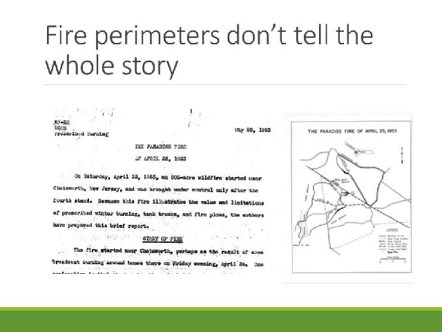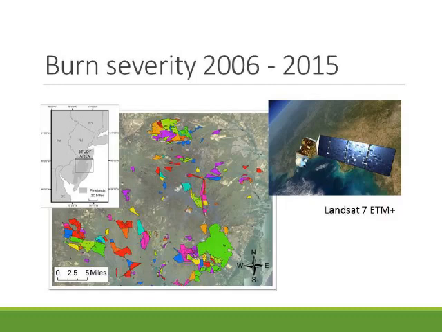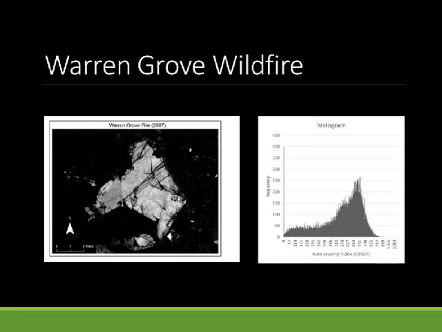And so I used perimeters of fires from 2006 to 2015 to extract burn severity of all those fires during that period out of Landsat-derived coverages. And so what it looks like when you do that is you get a map that looks somewhat like this on the left. This is the Warren Grove fire, and this is a histogram of the pixel values.